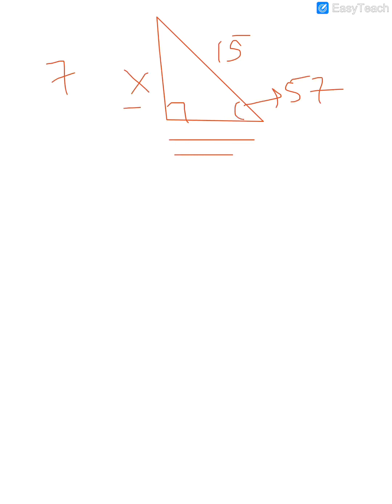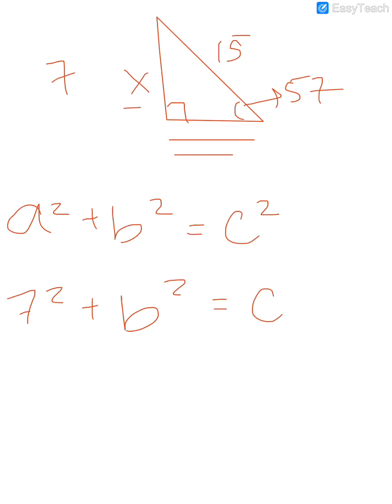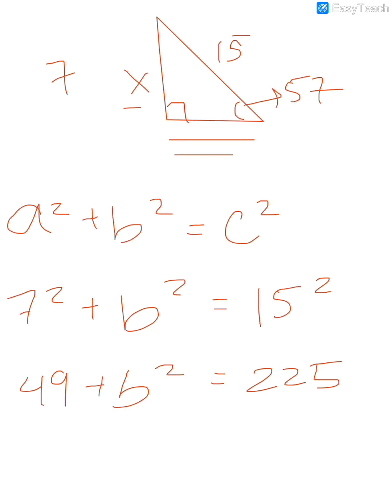doing Pythagorean's theorem. So that is just a squared plus b squared equals c squared, and that would mean 7 squared plus b squared equals c squared, and then, I'm so sorry, 15 squared, and then that means 49 plus b squared equals 225, and then you just go ahead and solve out the equation.